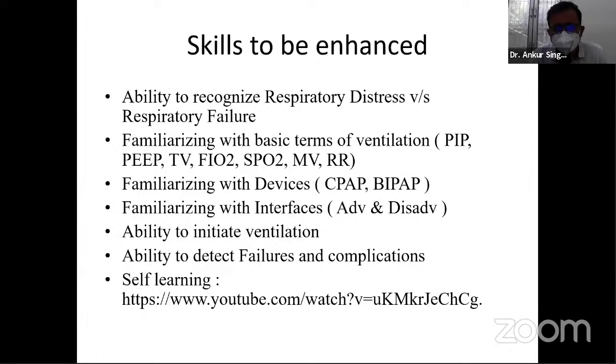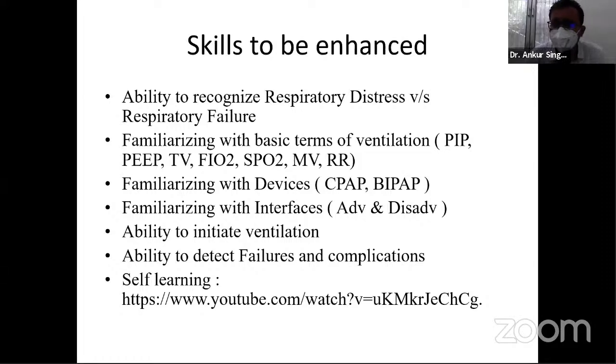I want your skills to be enhanced regarding these areas. You should be able to recognize respiratory distress versus respiratory failure. You should be familiarized with the basic terms of ventilation, like what is positive inspiratory pressure, what is PEEP, tidal volume, FiO2, SpO2, minute ventilation, respiratory rate.